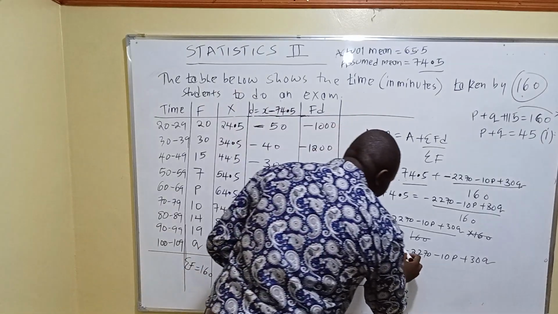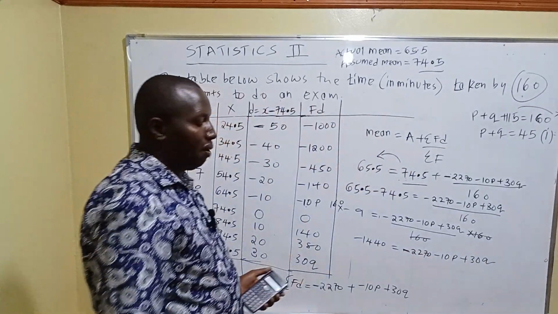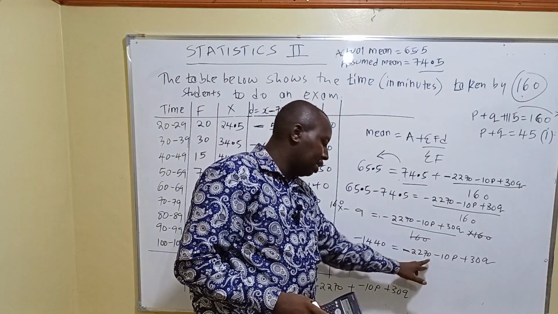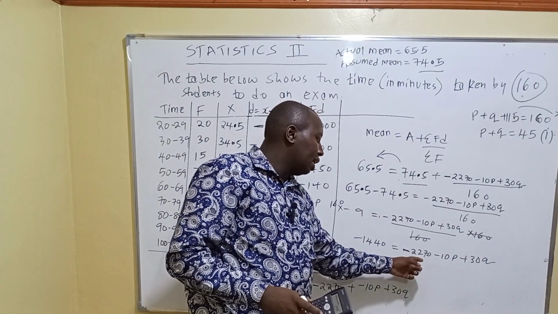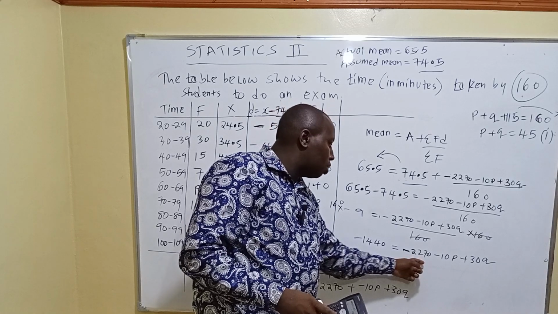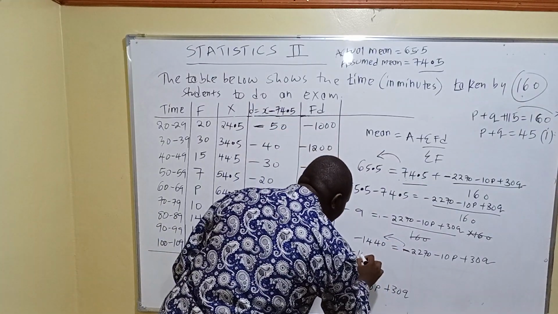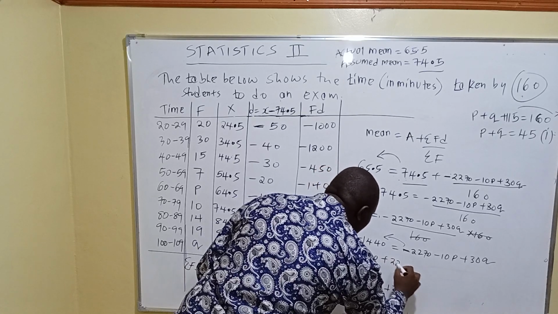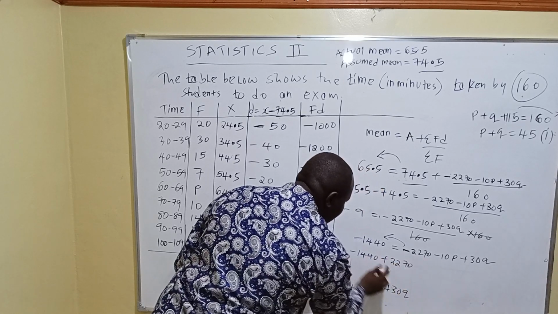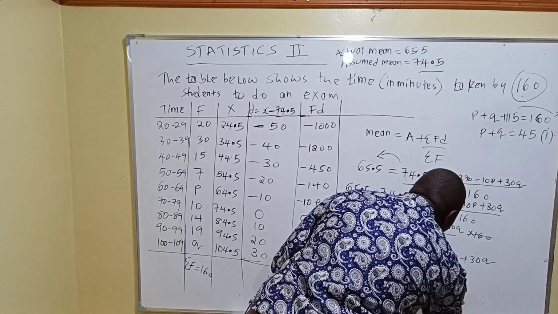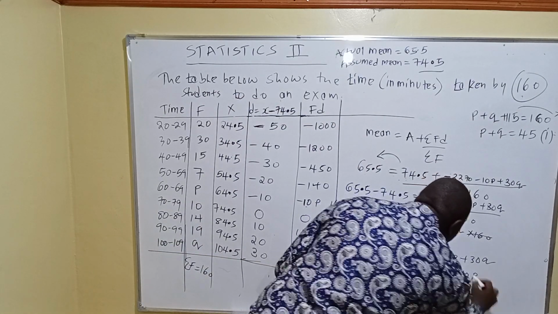To remove the negative 2270 on this side, you are supposed to add 2270. So even on this side, you get negative 1440 plus 2270, because it was negative on the right side and becomes positive on the left hand side. You are left now with 30Q minus 10P.